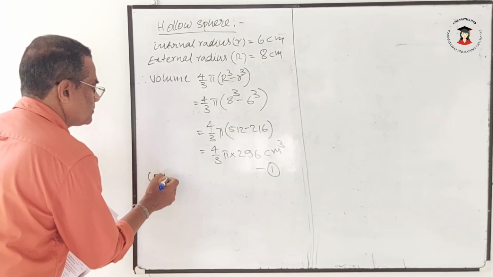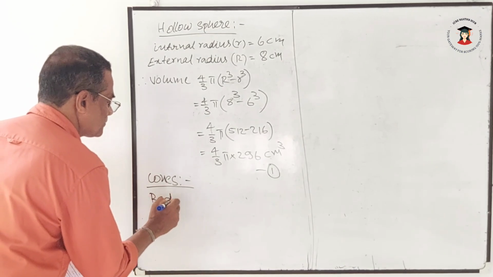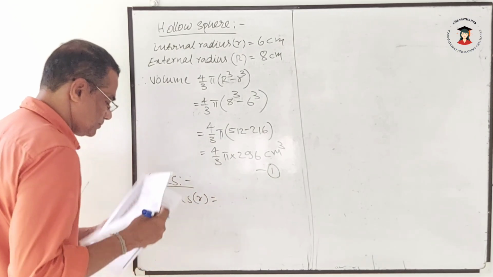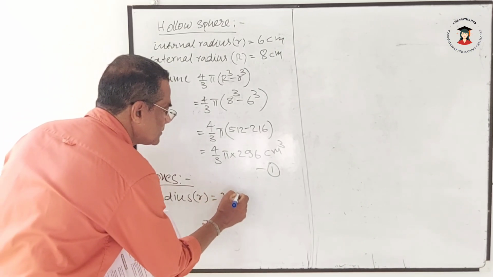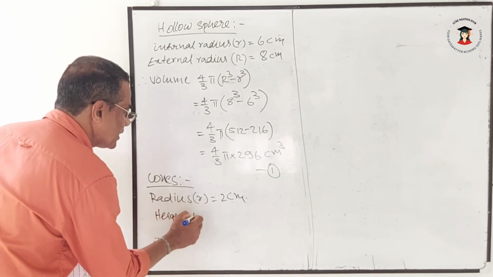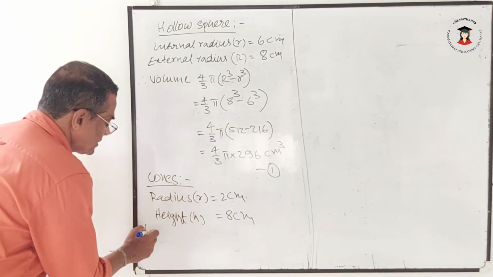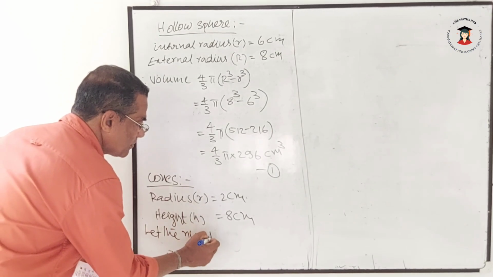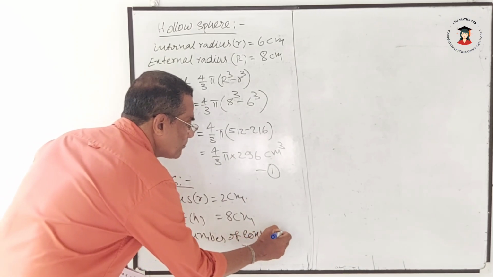Cone: radius r equal to 2 centimeter, height h equal to 8 centimeter. Let the number of cones be n.